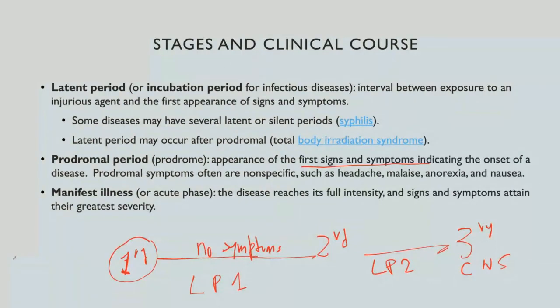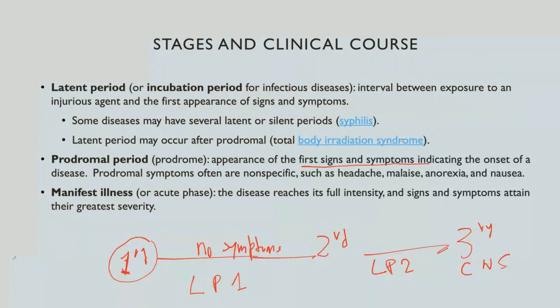In some cases, for example, if we irradiate the body to perform a bone marrow transplant, they are going to feel really bad, prodromal, and then they are going to have the latent period until the actual symptoms appear.